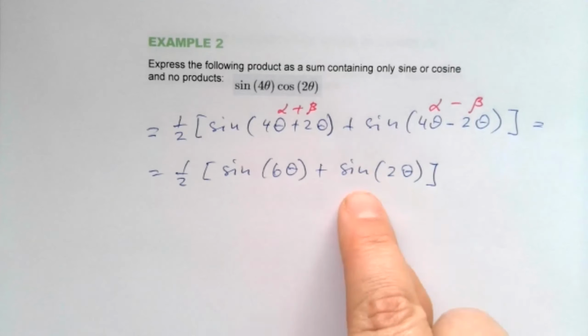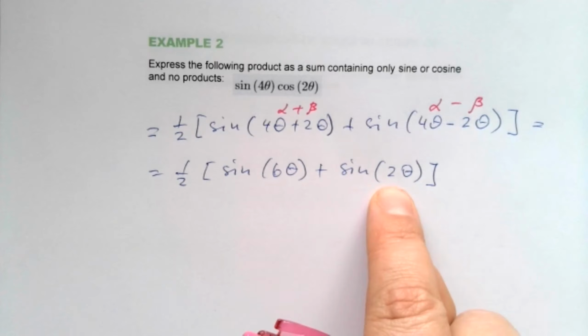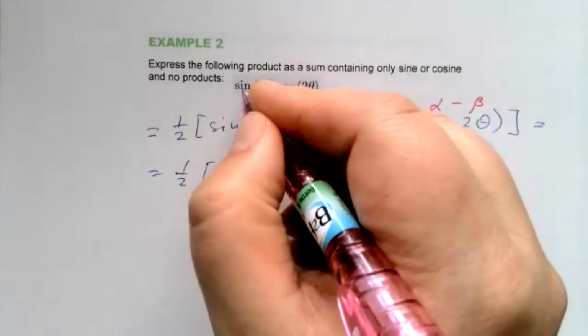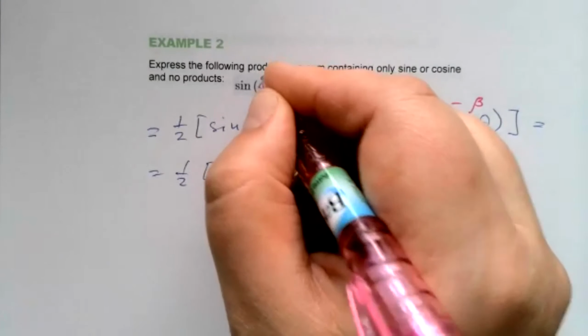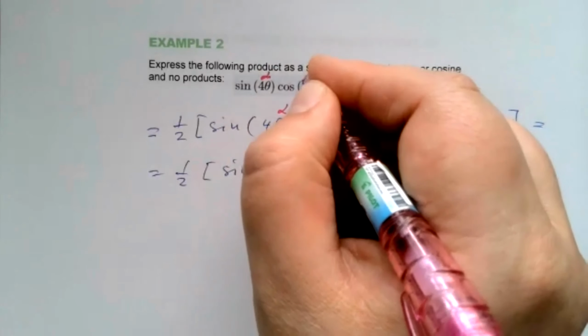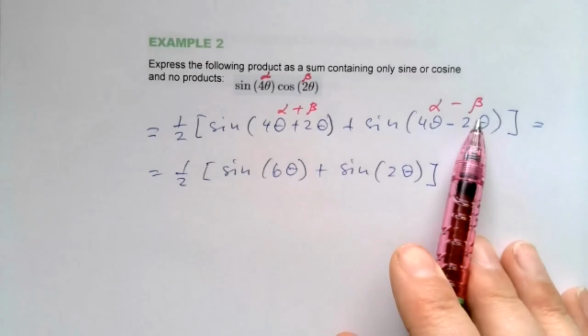We know that sine is an odd function, so we will get the opposite, a negative sine 2 theta, which is obviously different than just sine of 2 theta. Now, when we have sine of some angle, that angle is going to be alpha. Cosine of another angle, that angle is going to be beta. And we're going to subtract in this direction.